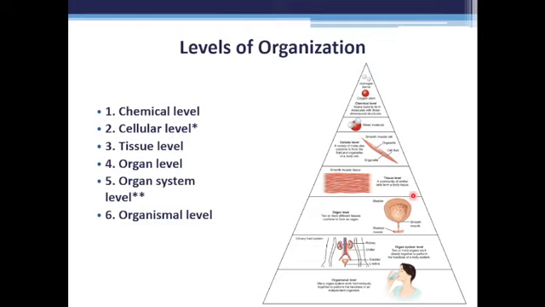An example here is the urinary bladder. As you can see, we have the skeletal muscle and the smooth muscle. They form into this structure. This is the organ, the bladder. Now next, when we have multiple organs together, they form the organ system level.